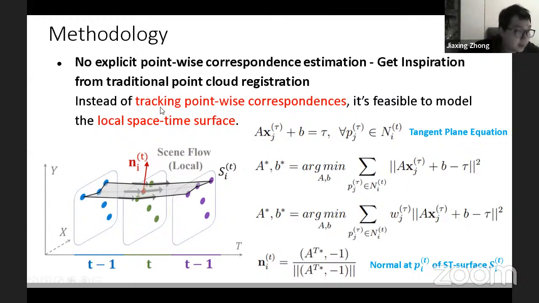Instead of checking the point-wise correspondences like these gray arrows here, we don't do this.